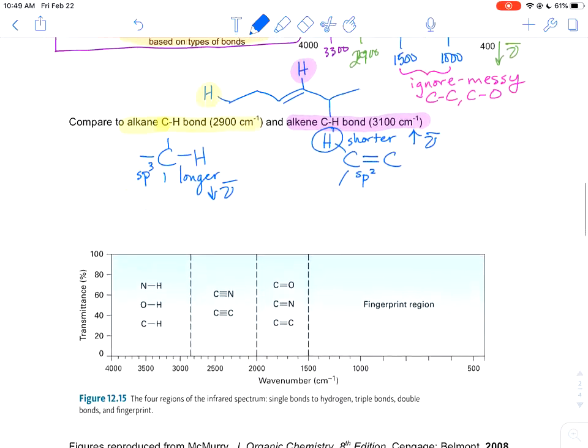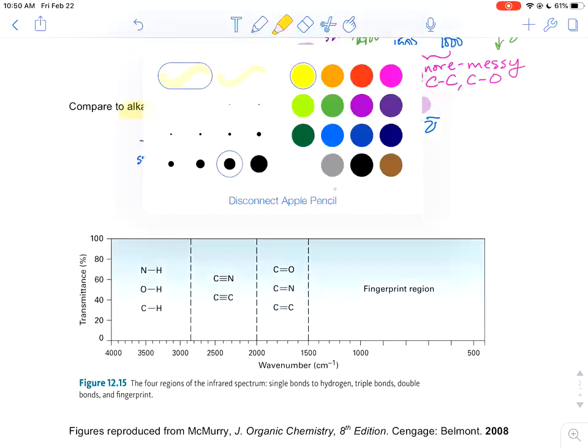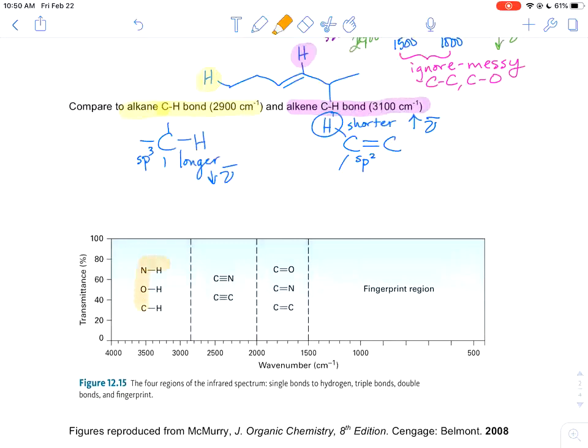And then what we have below is a bit of a recap. We have 4 main regions of the IR spectrum, and that's broken down by what types of bonds we find. So NH, OH, and CH bonds, which are some of the shortest bonds, once again have the highest stretching frequency, because hydrogen is the smallest atom, so it's going to have the shortest bonds.